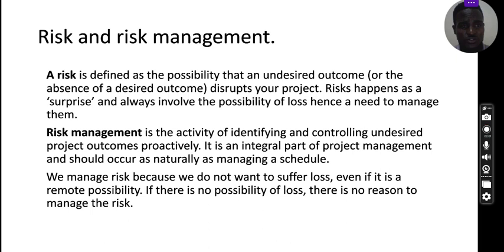Most projects have failed and most organizations have failed just because they do not manage risks during the course of activity. And I should say that there is a need for us to always manage risks to avoid losses within our projects or within our organizations.